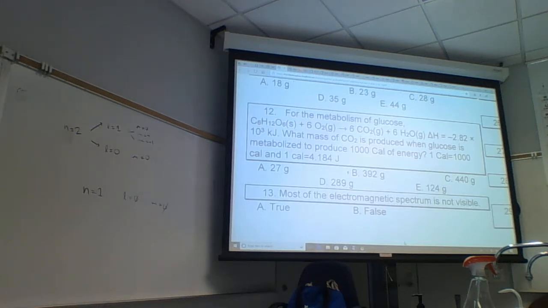And then 4.184 joules per 1 small calorie. And then 1 mole of glucose would be 2.832 times 10 to the 6th.